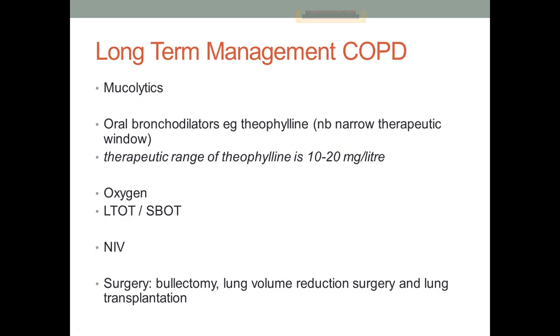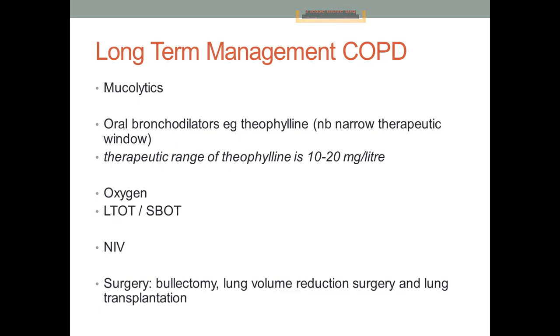In long-term management of COPD, we have mucolytics, which are N-acetylcysteine and erdosteine. We have oral bronchodilators like theophylline. This has a narrow therapeutic window, so one should give this drug carefully.